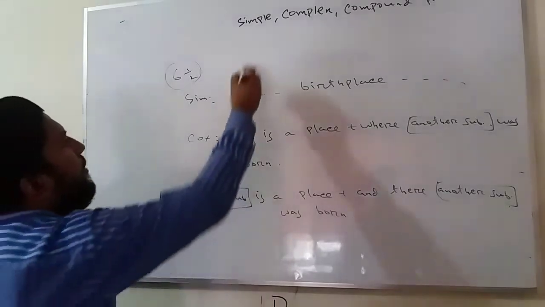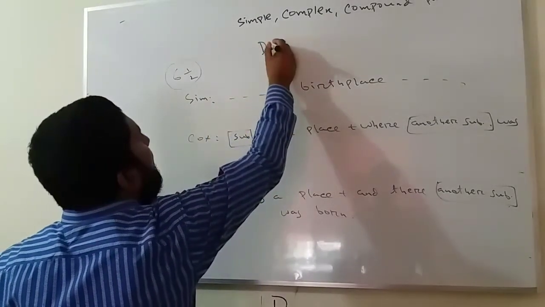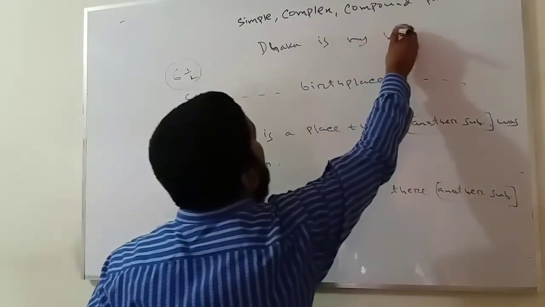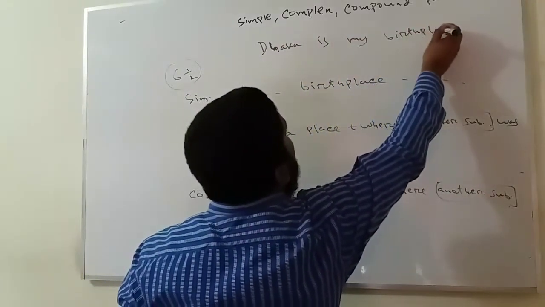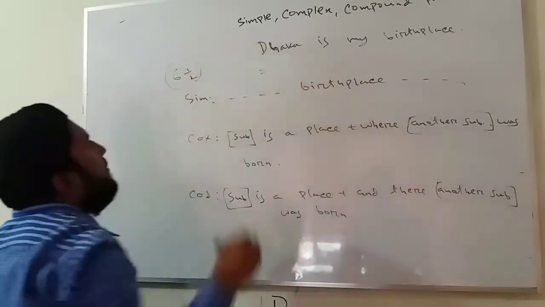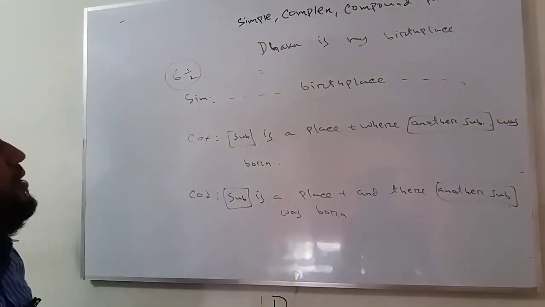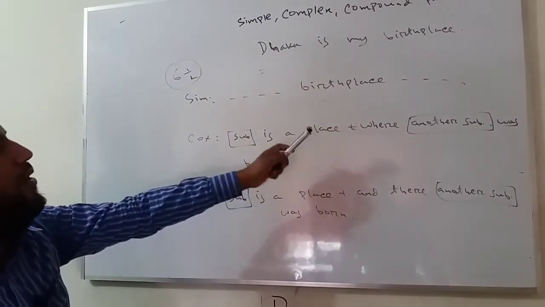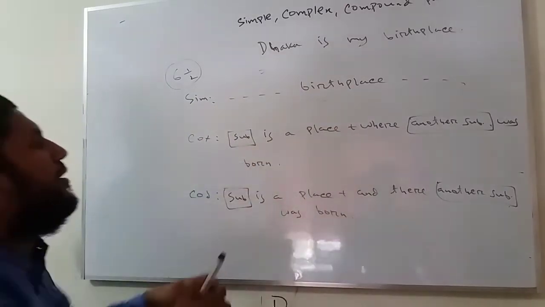Look at the example. Dhaka is my birthplace. So turn this sentence into complex and compound. Dhaka is a place, or you can write the instead of a.